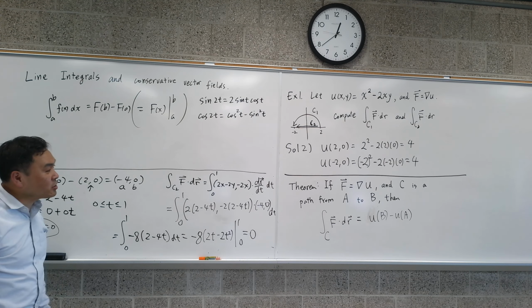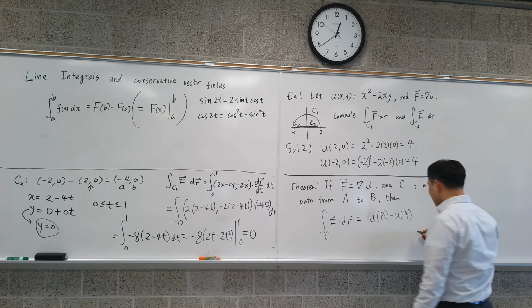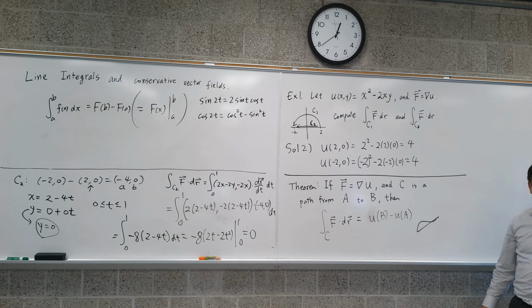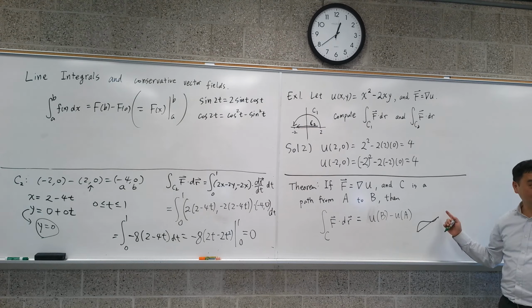Now, the corollary of this is that if you take two paths that are different, but they have the same initial and terminal points, then that's just going to give you the same integral. Okay, it doesn't depend on how you connect the two.